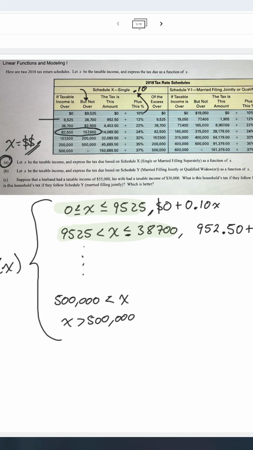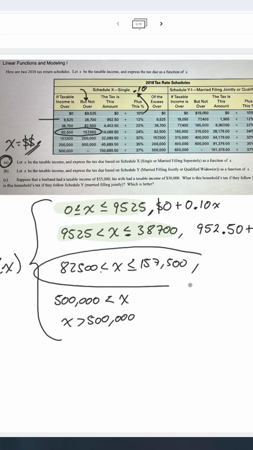And once you are done with this table, it's going to look something like this. So you're going to have your inferior limit and X, and your superior limit is going to be set on 157,500. So if you know that you are earning 150K, then you go to this place and you say, well, what am I going to do?